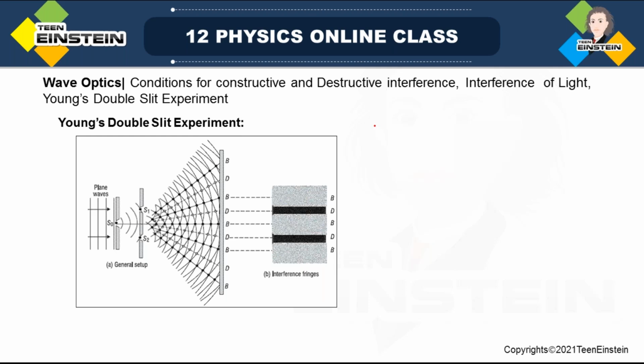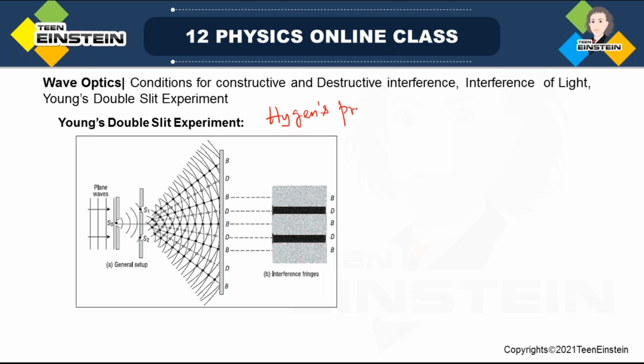See, as I said, Thomas Young was the first person to do this famous double slit experiment, or experiment of light, with the concept of waves, by the use of Huygens principle.